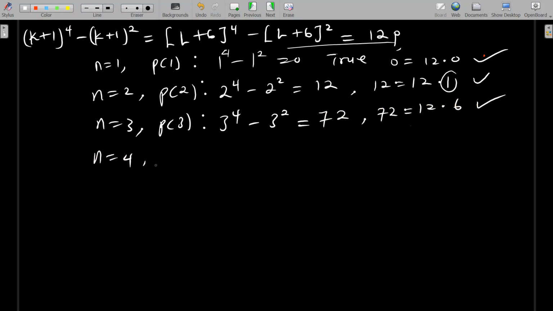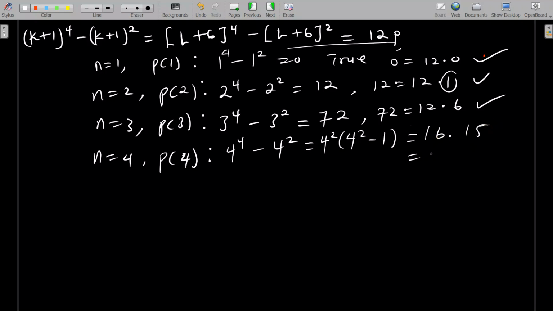N equals 4, all the way to, you have to show all these before you can actually say that your claim is true. 4 to the power 4 minus 4 squared, take 4 squared out: 4 squared multiplying 4 squared minus 1, which is 16 multiplying 15, and this is the same as 4 multiplying 4, 3 multiplying 5. 4 multiplying 3 will give me 12, and so that is the same as 12 multiplying 20. This guy multiplying that will give me 20. So 4 to the 4th minus 4 squared has been written as 12 multiplying that, so that is also true.